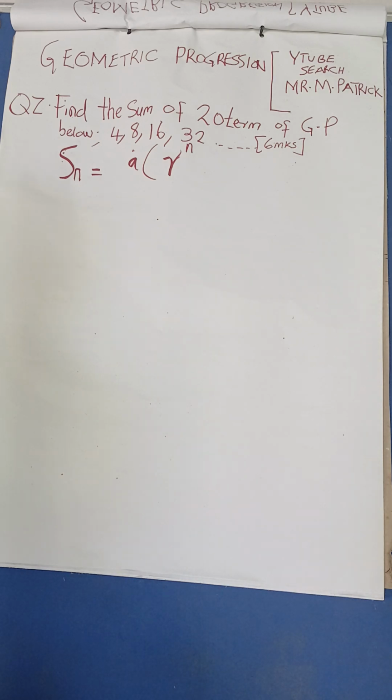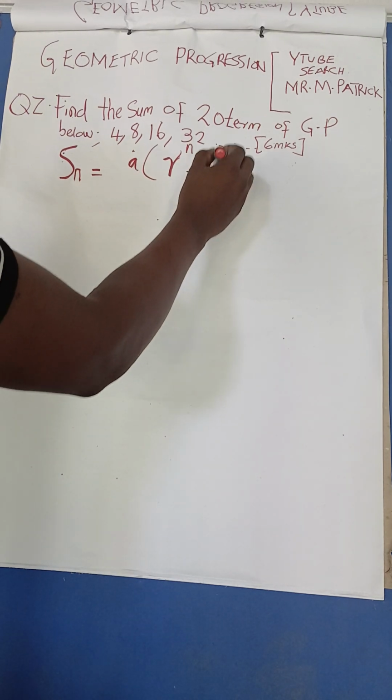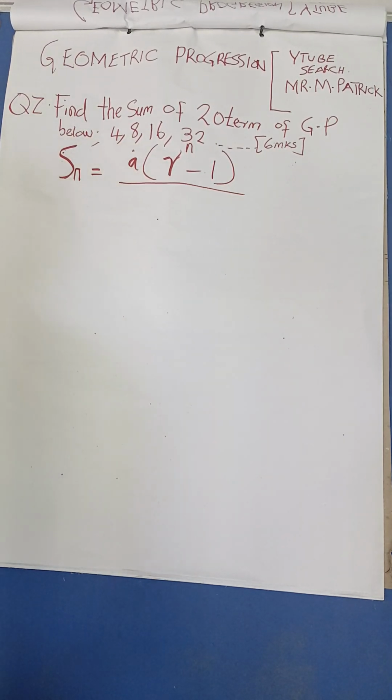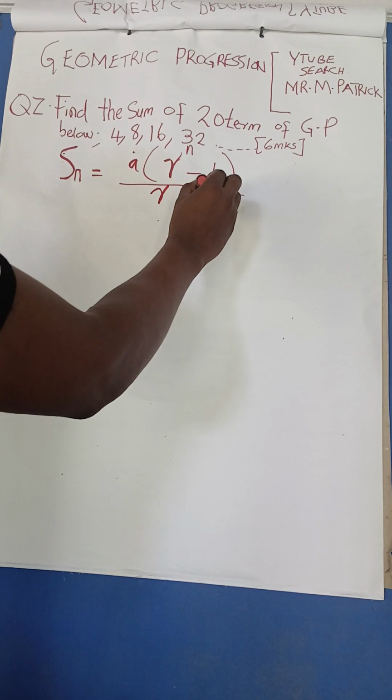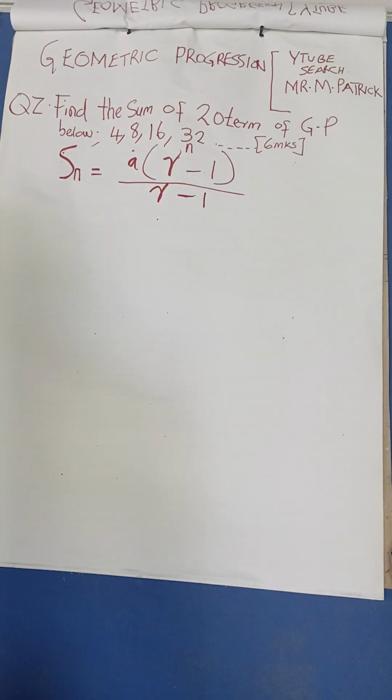You can be asked to find maybe the sum of 50 terms; 50 then remains the n. Now for this case, you have been asked 20, so 20 will be our n. Then you minus 1, divide by R minus 1, where R is the common ratio.